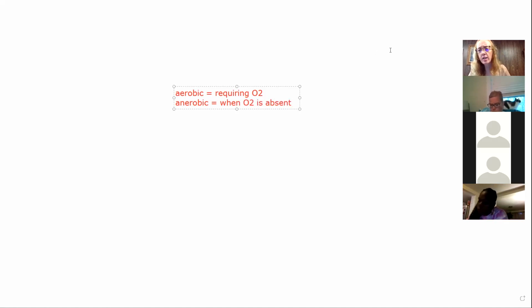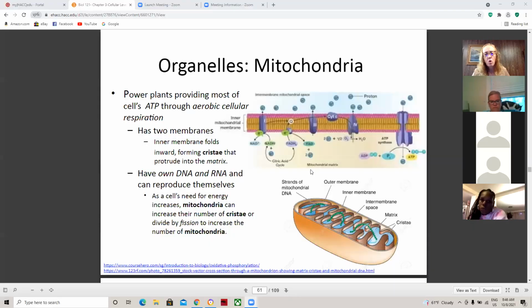So mitochondria carry out cellular respiration, and through this cellular respiration, they generate most of the cell's ATP. There are two membranes within this organelle, an outer membrane and an inner membrane.